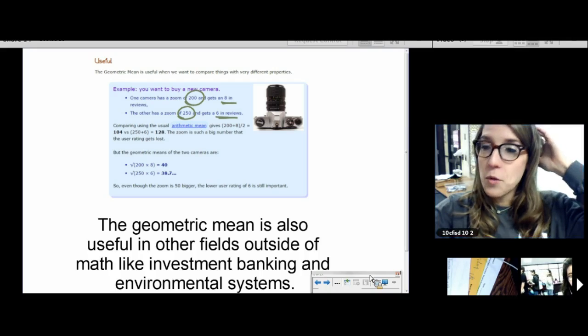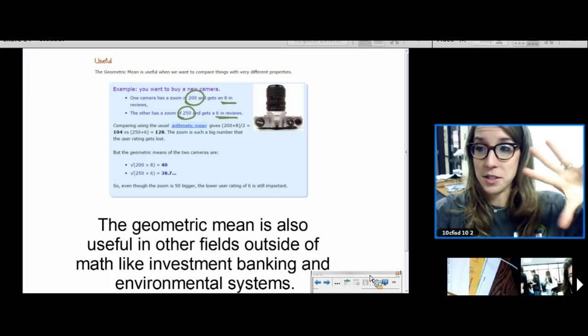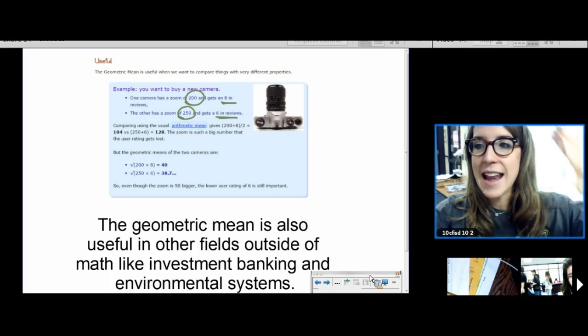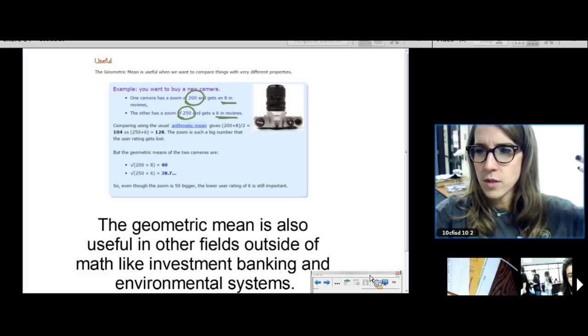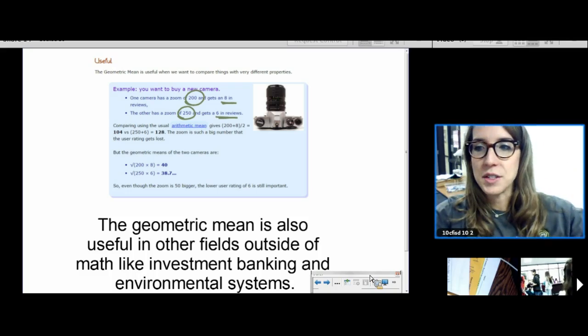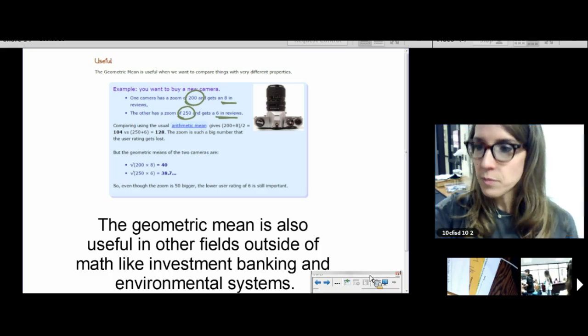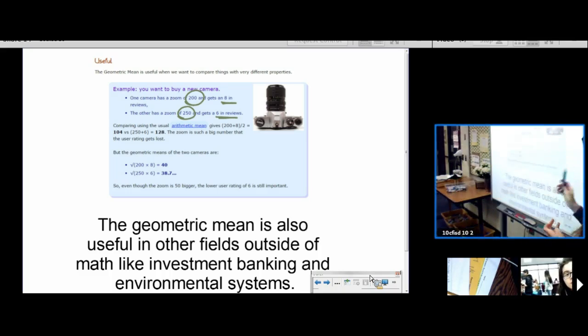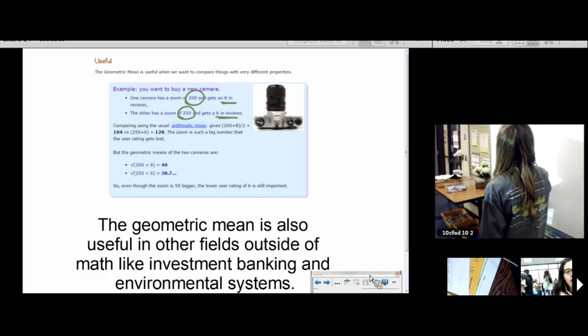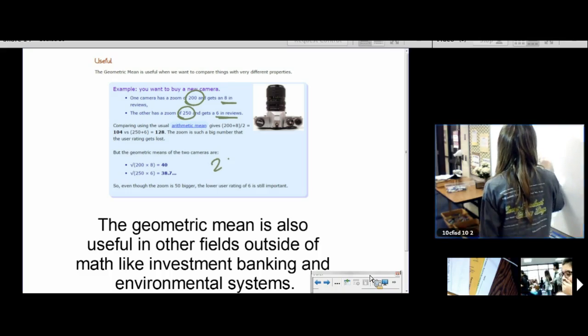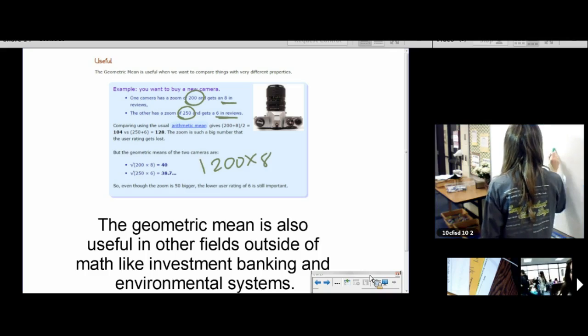If you wanted to compare these apples to apples, you can't just add 8 plus 6 and divide by 2. You know what I mean? They're on different scales. They're different types of cameras. So instead, you find the geometric mean, which we're going to talk about in a minute. You multiply the zoom by the rating, and you take the square root.